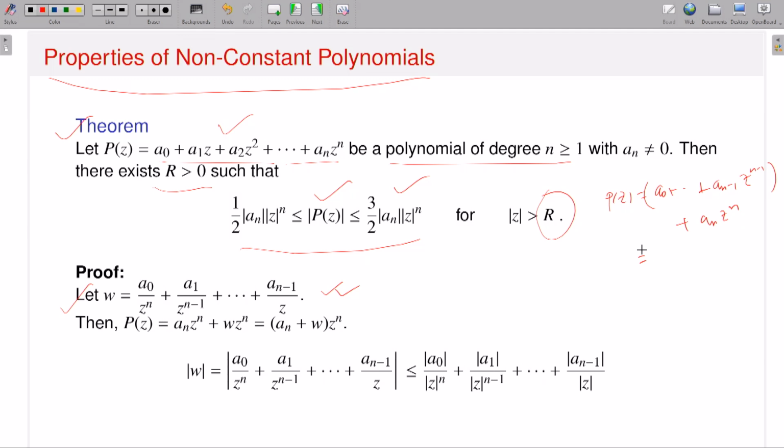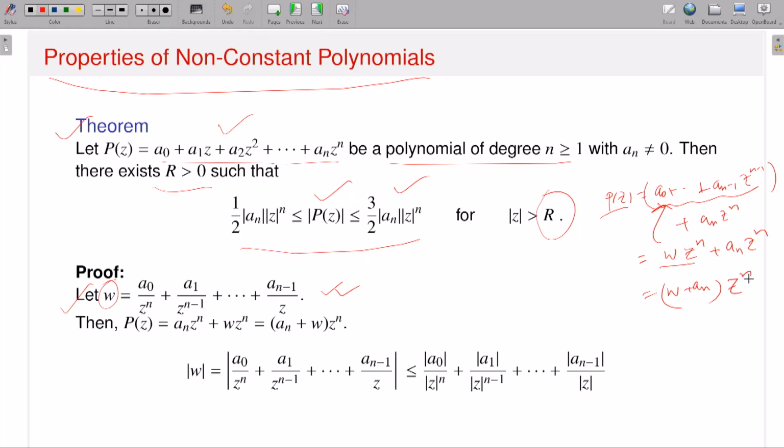So I can write this portion as w times z to the n, plus an z to the n as it is. Looking at the expression of w, if I multiply it by z to the n, I get back this expression. Therefore P(z) I can write as w plus an times z to the n.